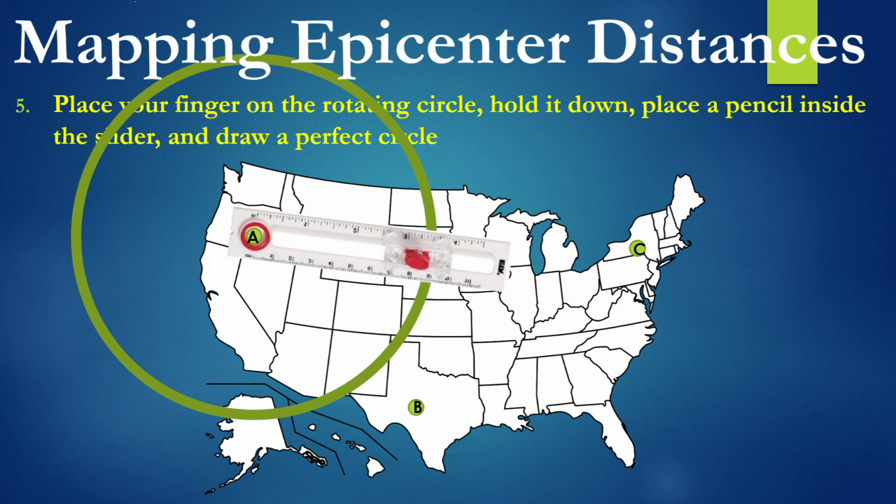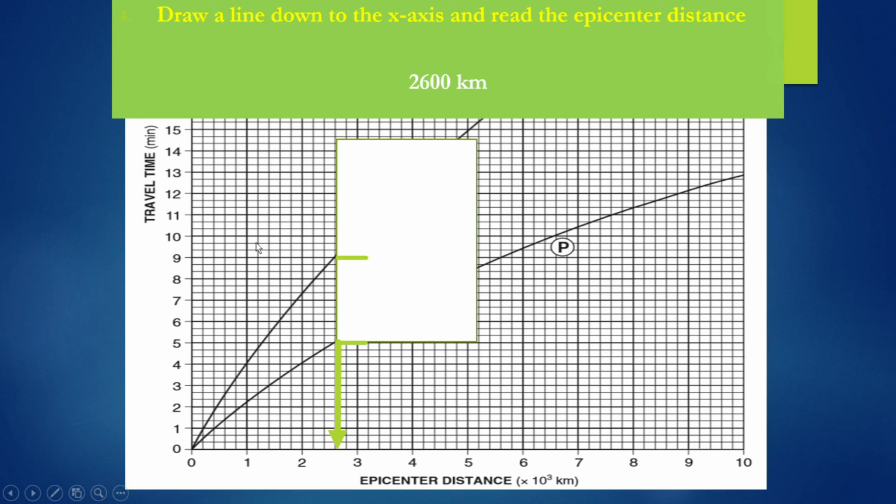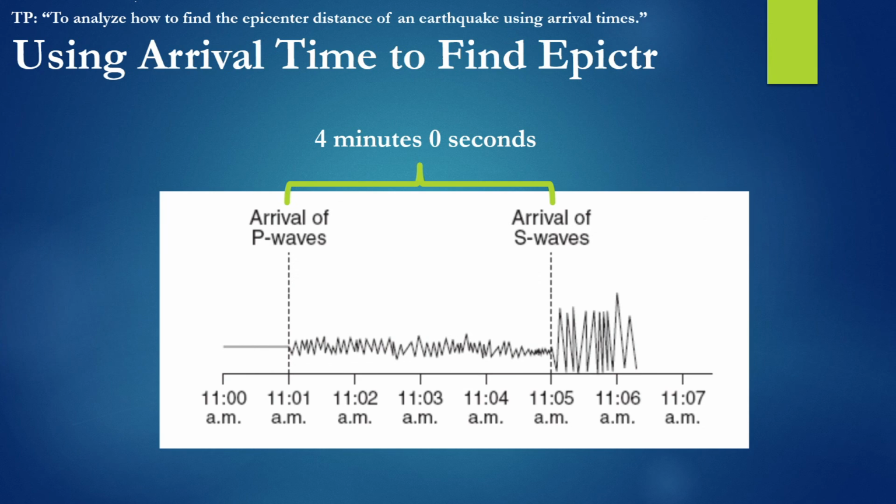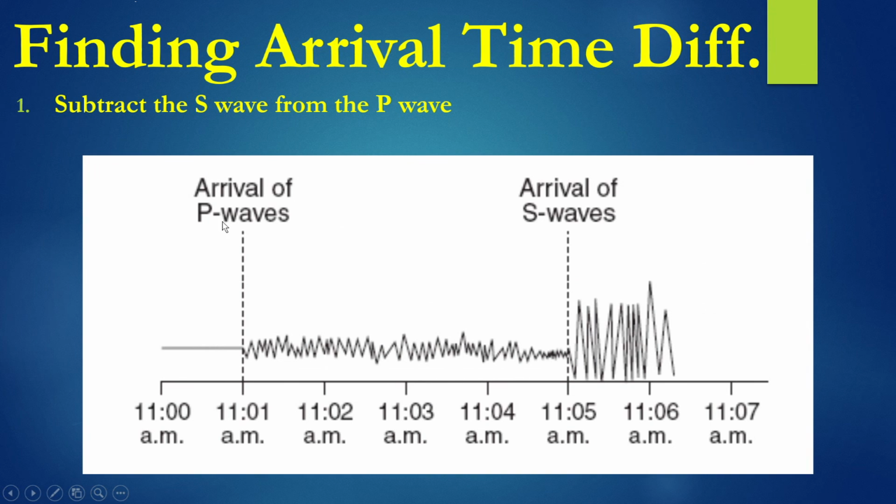So just so we can appreciate what this circle is, this circle tells us every possible location that the earthquake could have happened. Just to remind you, according to this data, which we're going to say came from seismic station A, the difference is 4 minutes.